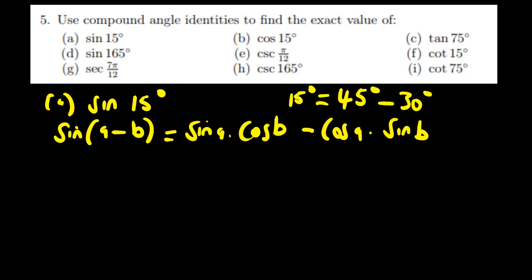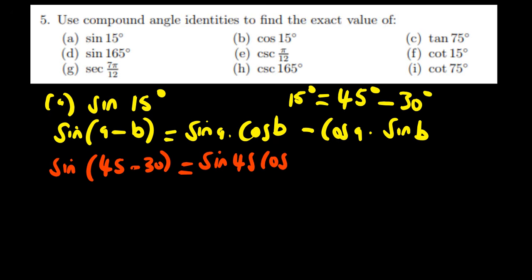So we are saying 45 minus 30. So this will be sine 45 cos 30 degrees minus, now you're going to start with cos, so this will be cos A.